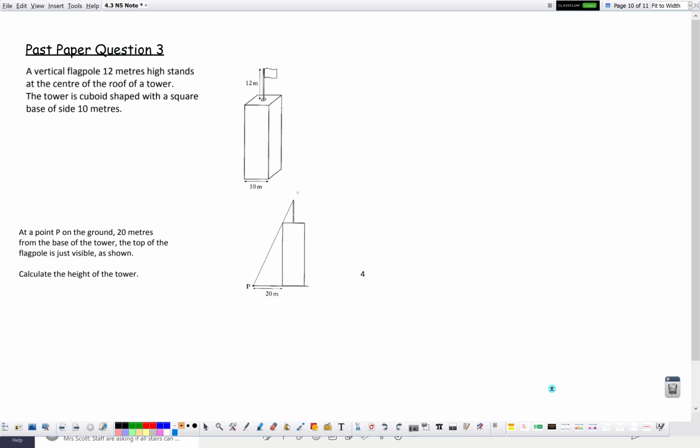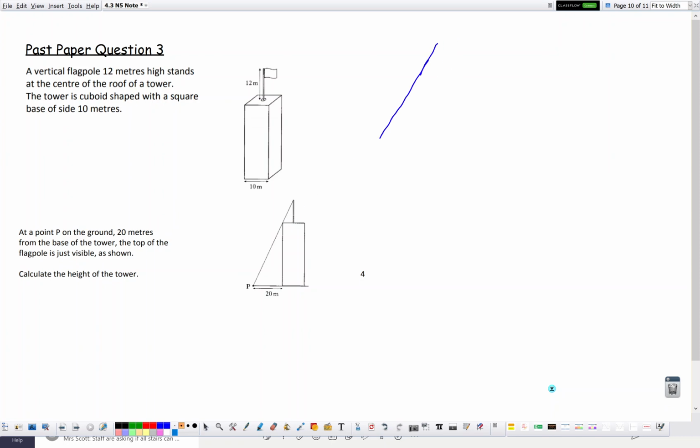We know that the length of the flagpole is 12 metres. We're trying to find the height of this tower. We know the length of this is 20. So we need two corresponding lengths in order to be able to work with similarity. So first of all, let's draw out the triangles, then we'll try and figure out what this corresponding length is.